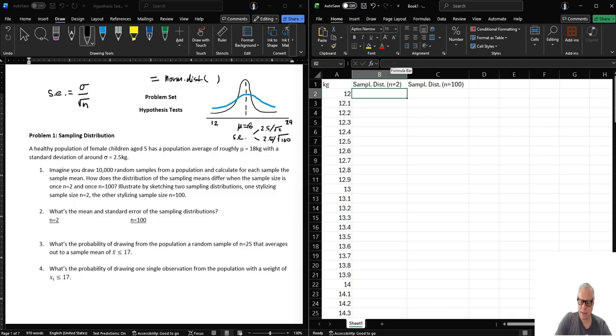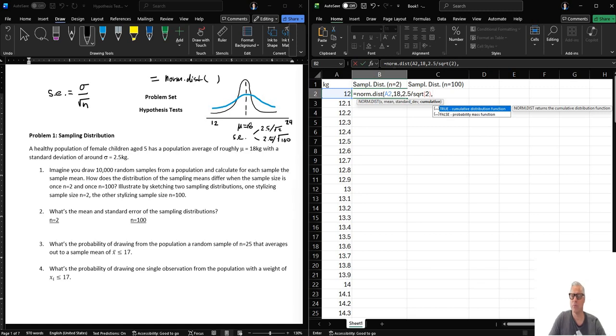Okay, so now for the sampling distribution of n equals 2, we want to know how far away the 12 is, so we go norm.dist, not s.dist, norm.dist, open parentheses. I want to know what's the probability of getting a 12 when the mean is 18, comma, the standard deviation is, I can actually enter the formula in Excel, 2.5 divided by the square root sqrt of 2.